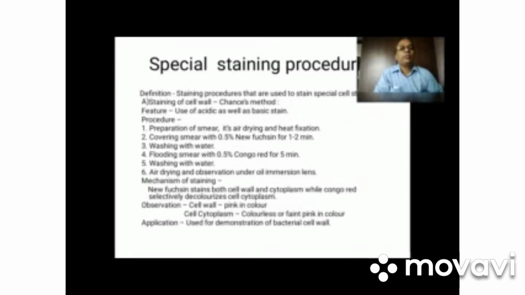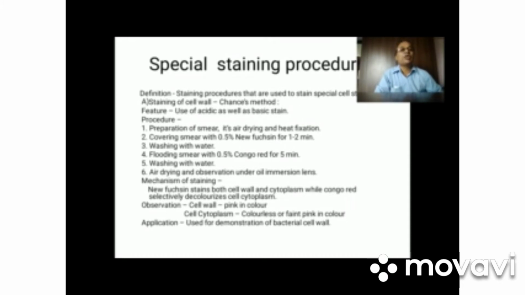But when 0.5% Congo red, an acidic stain, is applied in the later stage of staining, it selectively removes the color from the cell cytoplasm, while the color in the cell wall is not removed by Congo red, mainly because it is more acidic and it accommodates a larger number of new fuchsin molecules. As a result, the color from the cell wall is not removed, but the cytoplasm becomes colorless, and in this way you get a clear contrast between the cytoplasm and cell wall.